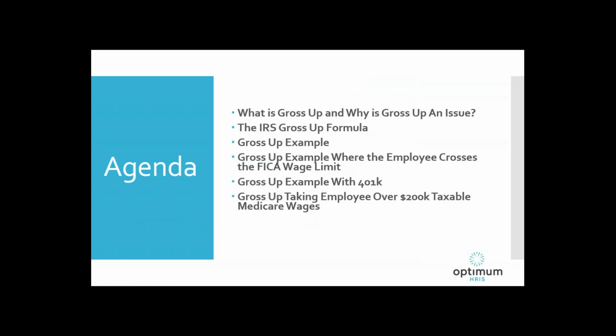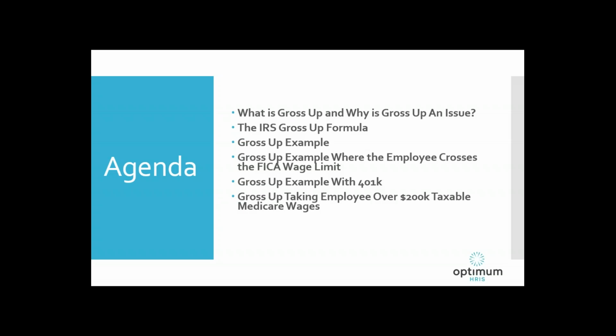Here's our agenda for today. We're going to look at a definition of gross up and discuss why gross up is an issue. We'll look at the IRS gross up formula. We're going to dig into a basic example of gross up and then get a little more complicated by looking at a gross up example where an employee will cross the FICA wage limit.